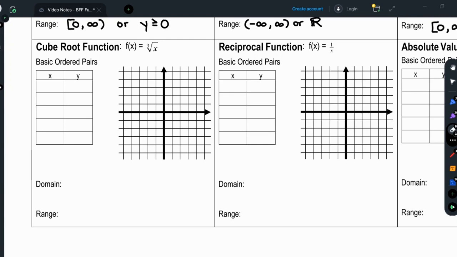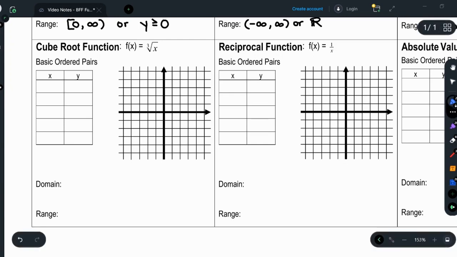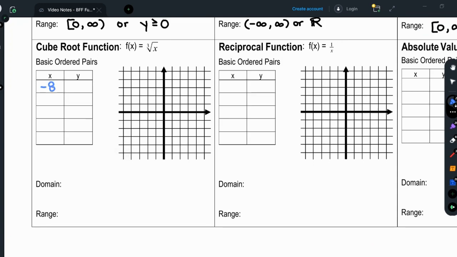Cube root function, f of x equals the cube root of x. I know I can have negatives under a cube root, so I want to start with some negative numbers. But I also want perfect cube roots so I don't get those decimal y value answers. So I'm going to start at negative 8 and also include negative 1. I always want to know what happens at 0 if it's possible. And then I'll do some positive values, again, perfect cube roots, because when I take the cube root of negative 8, the perfect cube root of that is negative 2.